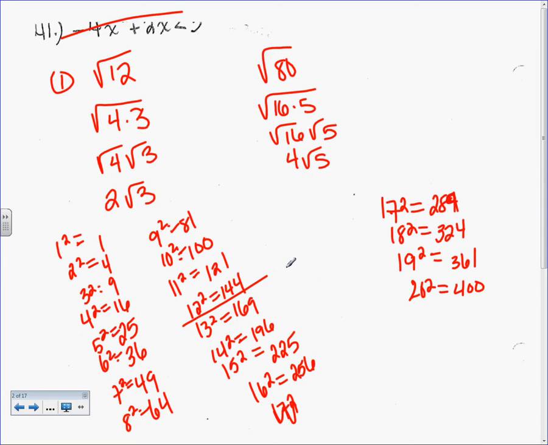Most people know up to 12 squared is 144. 13 squared you have to memorize is 169. 14 squared is just backwards, 196. That's kind of easy, I think. I don't really have a tip for 15 squared and 16 squared, but 17, 18, and 19. What is 7 times 4? 28. What's 8 times 4? 32.